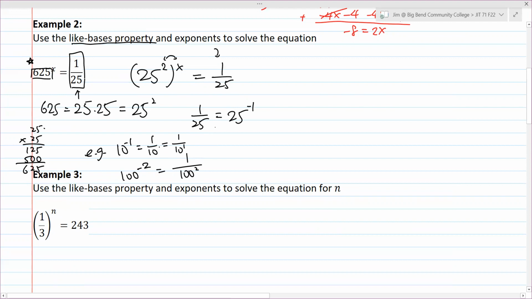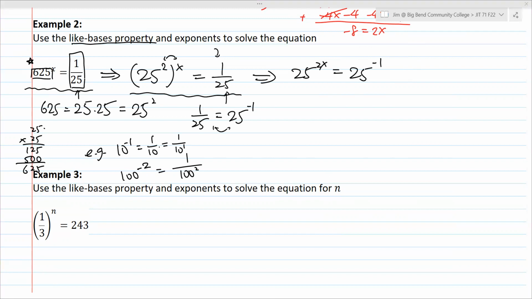So that inversion shows you 25 to the -1. So that is step 1 and that is step 2. In step 3, we have 25 to the 2x. Simplify the left-hand side, and then the right-hand side will give you 25 to the -1.